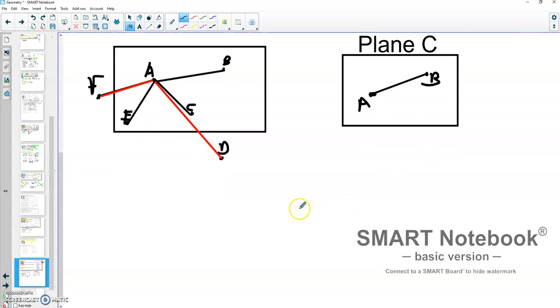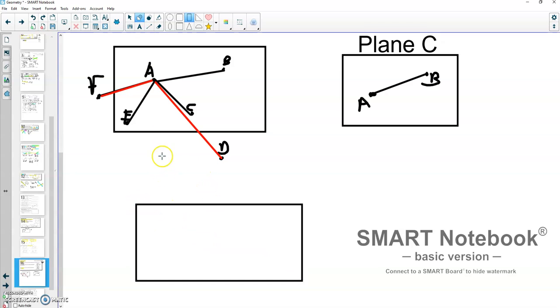What if I asked you to draw a plane C again, but this time there were 2 points that were not coplanar and 2 that were? Let's do the first one. 2 points that are not coplanar, so that means they're outside. So I'm just going to draw them outside. A, B. Plane C. Are A and B inside plane C?